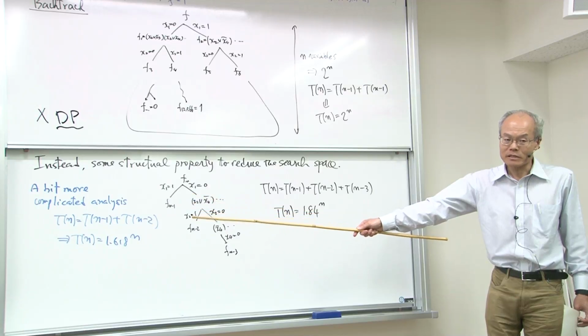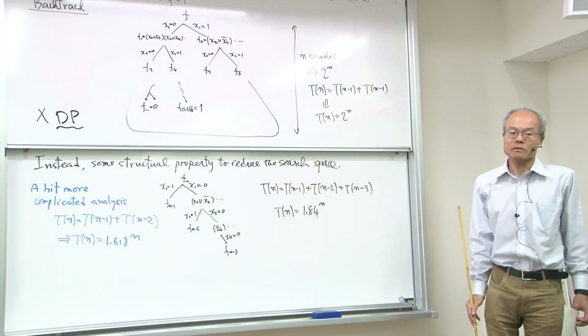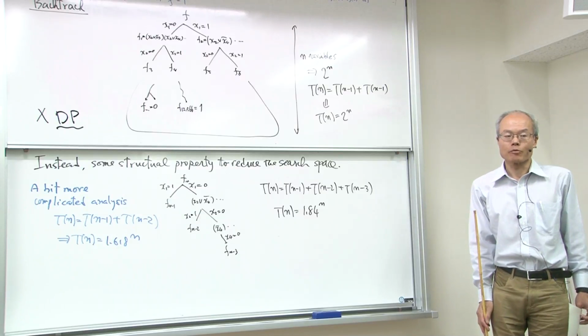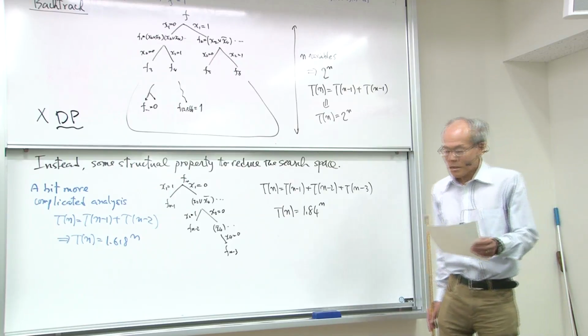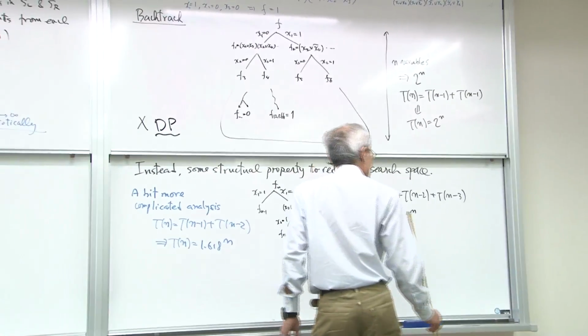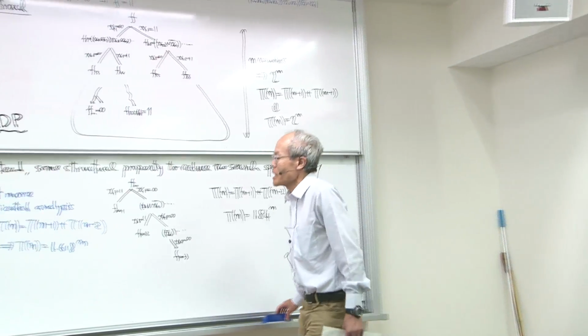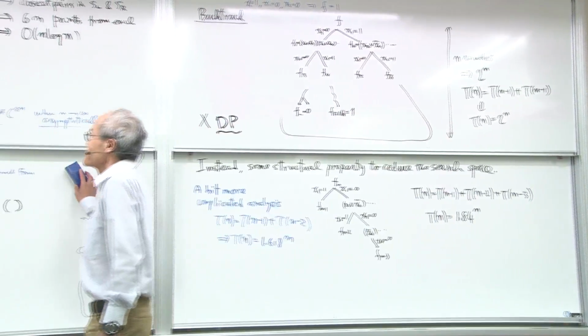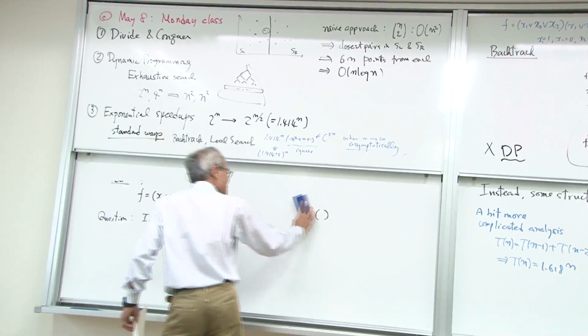Just solving that, then you can get a much better than 2 to the n. That is what we call exponential speed up. Okay, good. This is a backtrack. And then I'll show you local search. Local search is much more impressive.